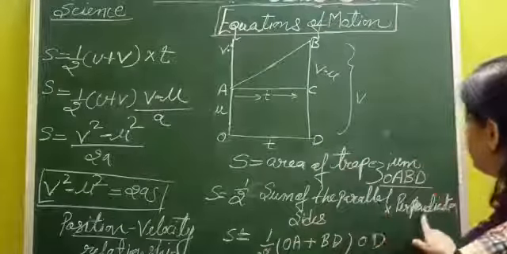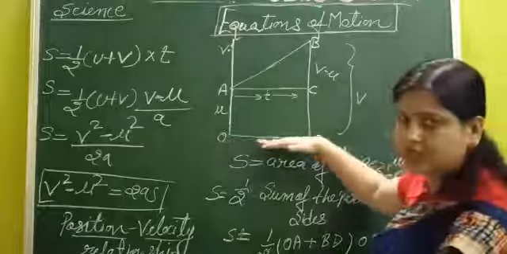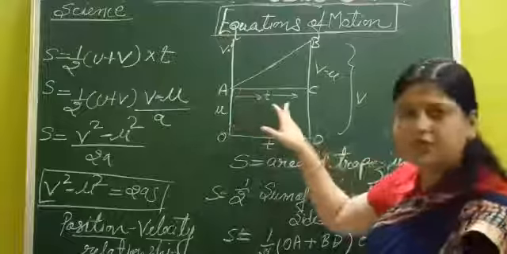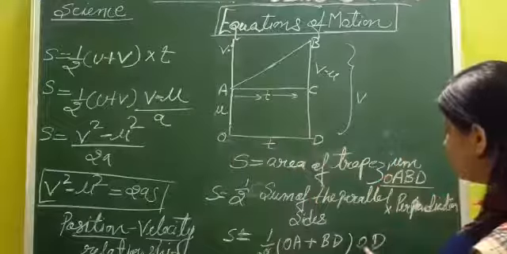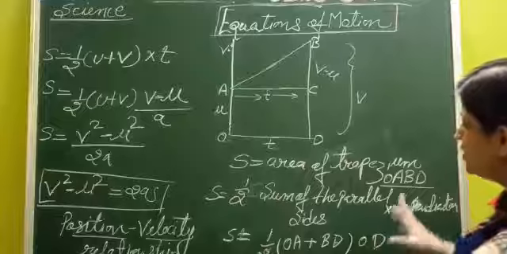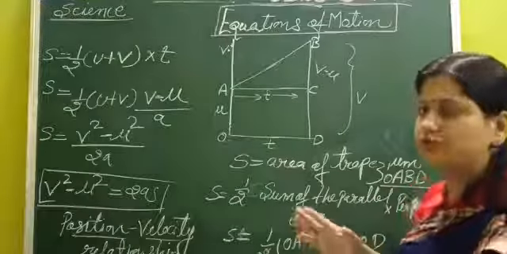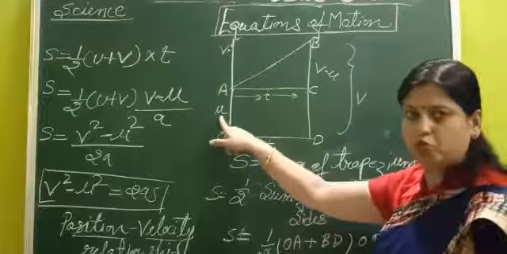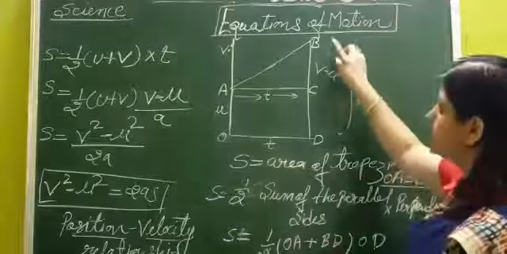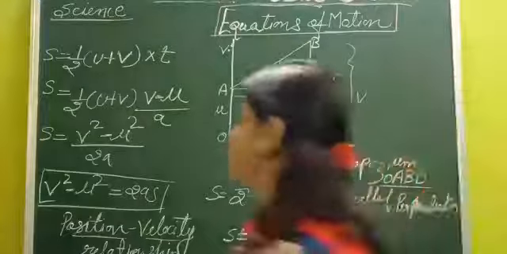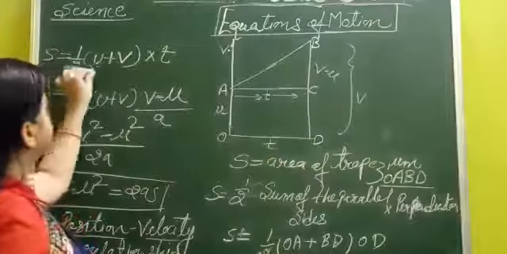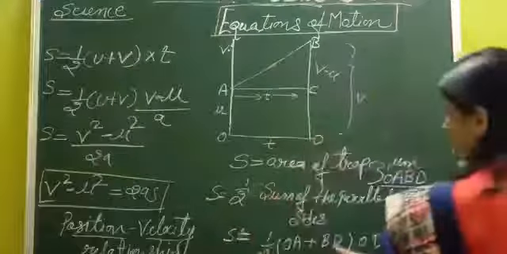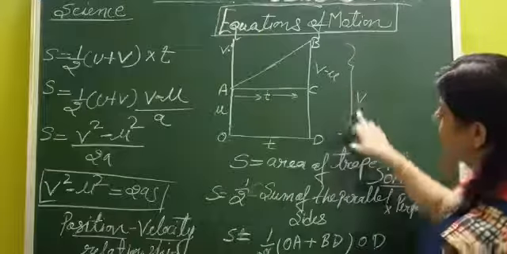Second is multiply perpendicular, that means the distance between them. What is the distance between them? The distance is OD, and OD equals AC, so perpendicular means OD, right? So here we will put the values in it. First OA is U and BD is V. So students, you can see half, OA is U and BD is V. What is the value of BD? BD is V.